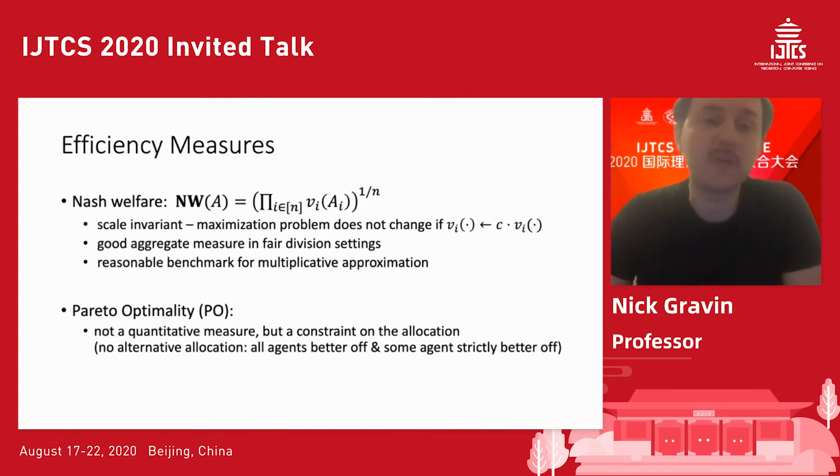There is no way to redistribute items such that everyone is no worse off and some agent is strictly better off. So people cannot trade between each other and improve the allocation for everyone. That's another condition people consider in this literature.